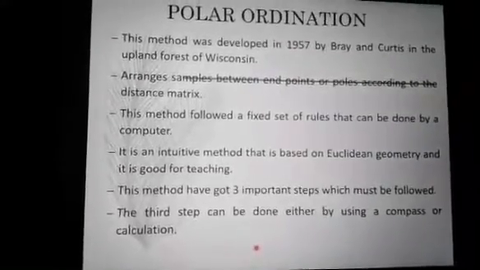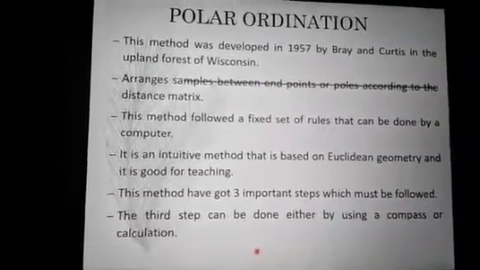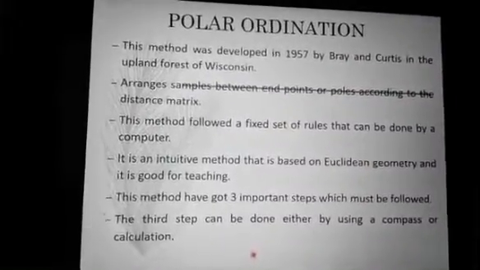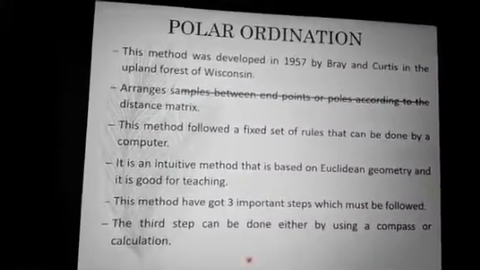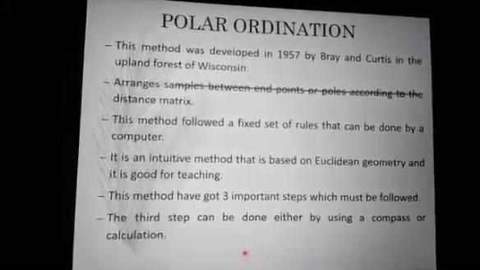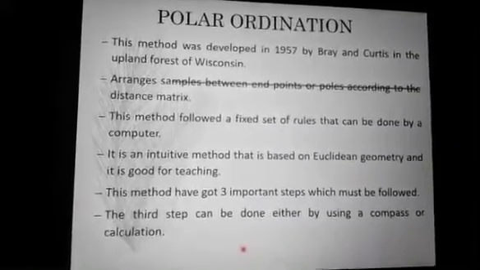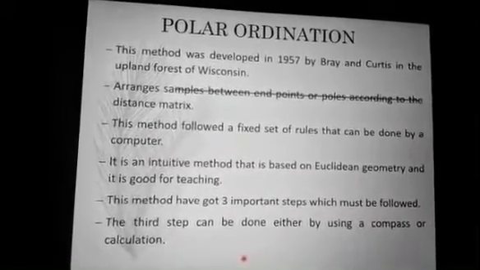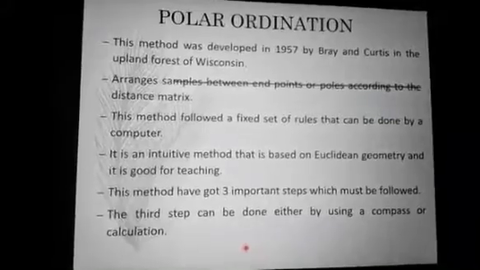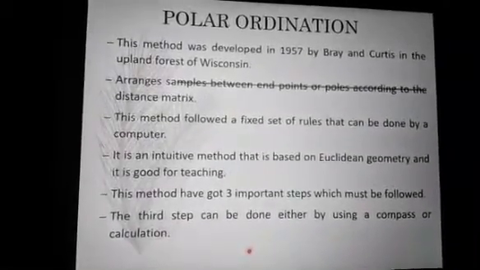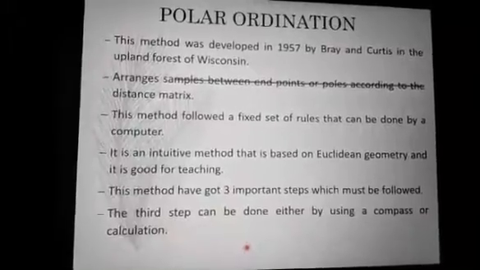This is the method which was developed in the 1950s by Bray and Curtis in the upland forest of Wisconsin. It arranges samples between endpoints or poles according to the distance matrix. This method follows a fixed set of rules that can be done by a computer.